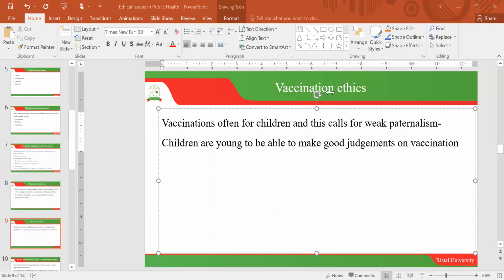One thing you need to know about that person is the level of knowledge the person has. Secondly, you need to know the attitude and the practice. When I talk about knowledge, at times parents might not understand the importance of immunization of vaccines.